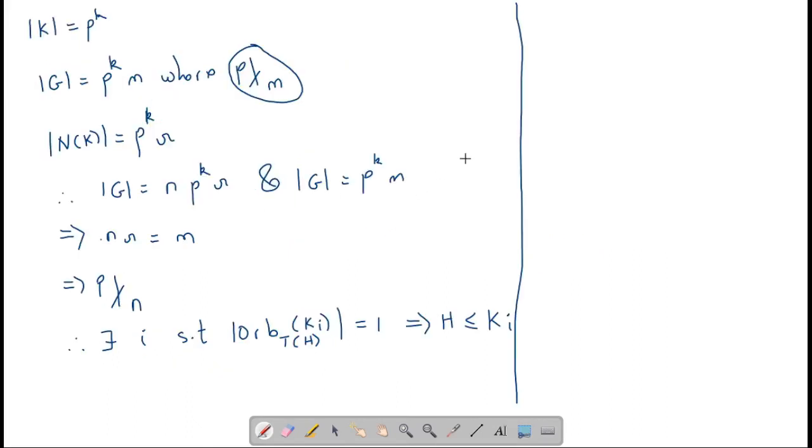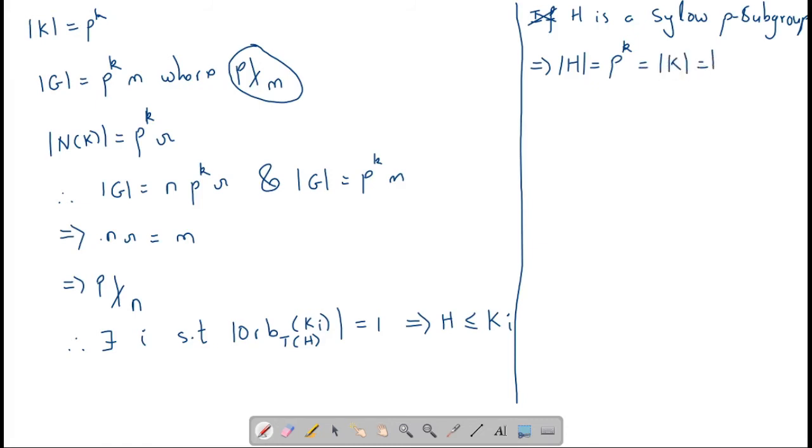Now notice here that if H is a Sylow p subgroup, this would mean that the number of elements in H would be p raised to k itself, which is the number of elements in K or the number of elements in Ki, because Ki is a conjugate of K, in fact, Ki itself is a Sylow p subgroup.